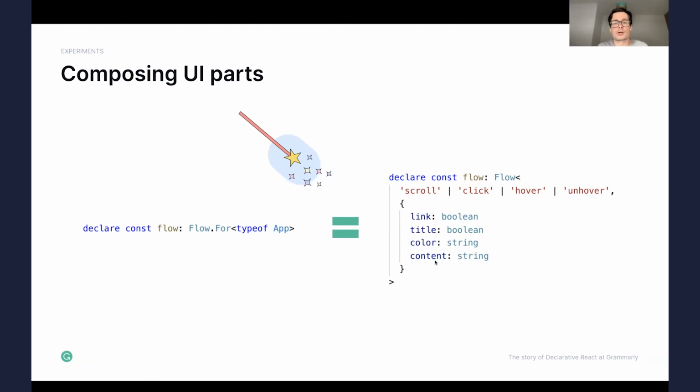A link, a title, a color, content, and all those actions that can be emitted from the application. So the type of the flow that the developer would have to implement would be from this to this. And it's a little bit simplified, but the basic is this.